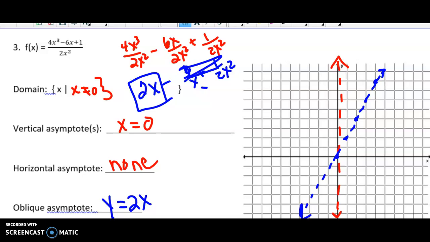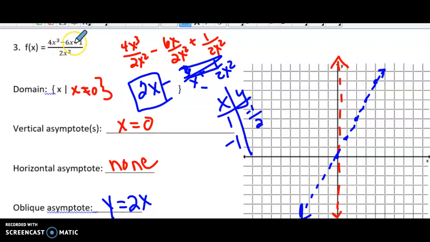Okay. So now I pick some points around my vertical asymptote. I'm going to pick the point 1 and -1 and see what I get when I put that in for x. When I put 1 in, I have 4 minus 6 is -2 plus 1 is -1 over 2. So I have -1/2. When I put -1 in, I get -4 plus 6.